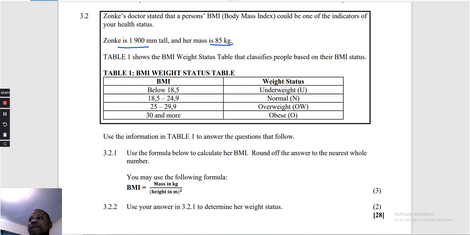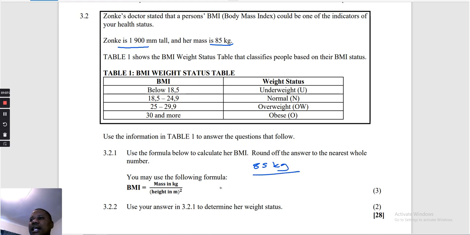Then the BMI: below 18,5 is underweight. Between 18,5 and 24,9 is normal. 25 to 29 is overweight, then obese is more than 30. They say use the formula below to calculate her BMI. Her mass is 85 kilogram.